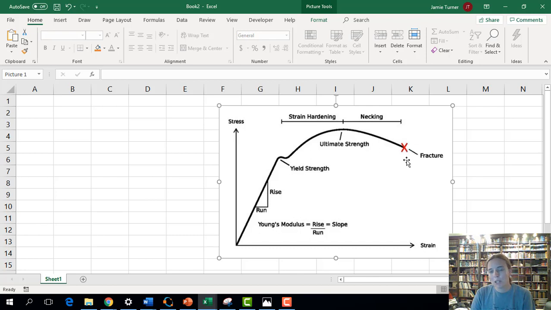Sometimes you think, oh, it's broken when you see 2 different pieces, that it's shattered into pieces and fractured. But a true engineer considers it broken after the yield strength, because then it's not snapping back to its original shape, and you don't want to design anything past the yield strength. In fact, you're going to use a safety factor and not put any load on that part that gets anywhere near that yield point.